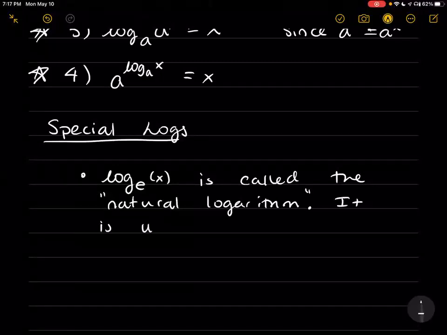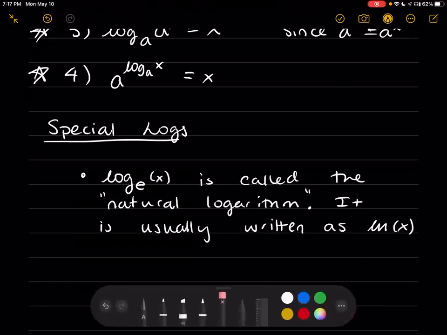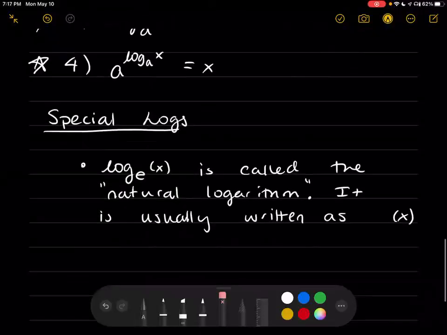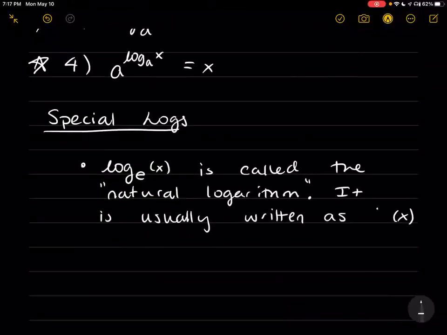It is usually written as ln of x. So usually I write ln so fast because I'm not going to lie, I use the natural logarithm a lot, all the time. So it's very important in mathematics in general.